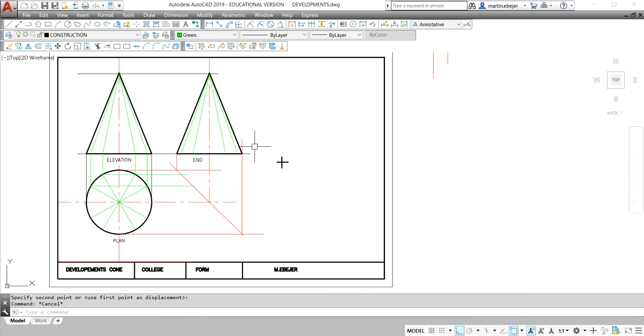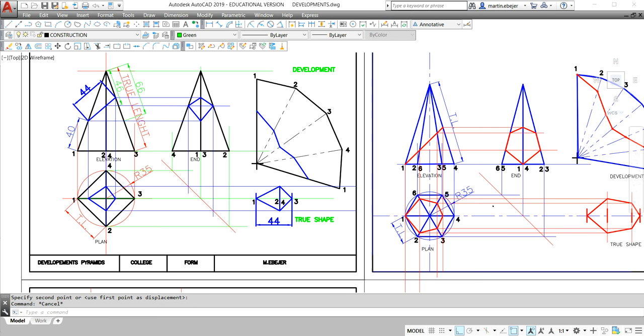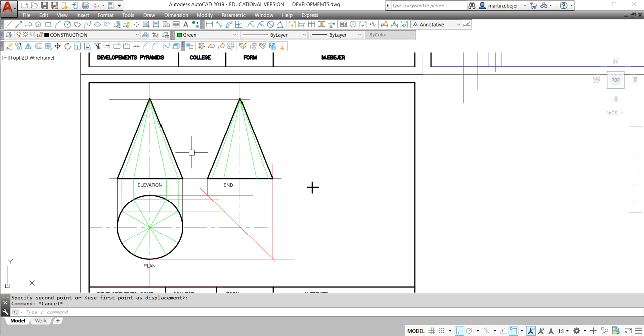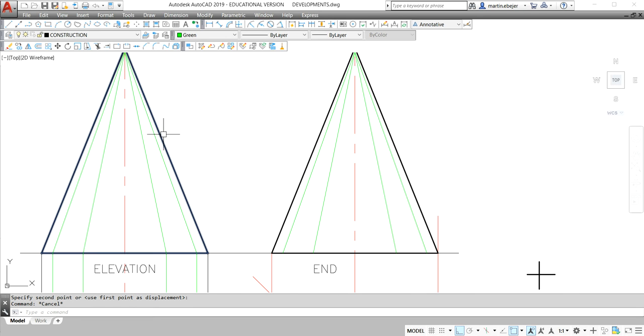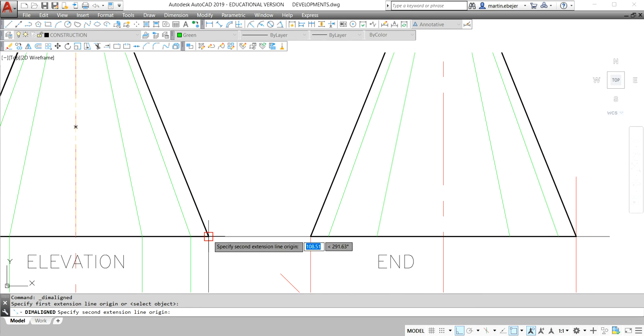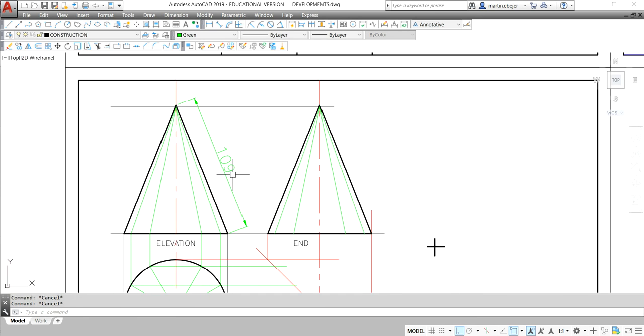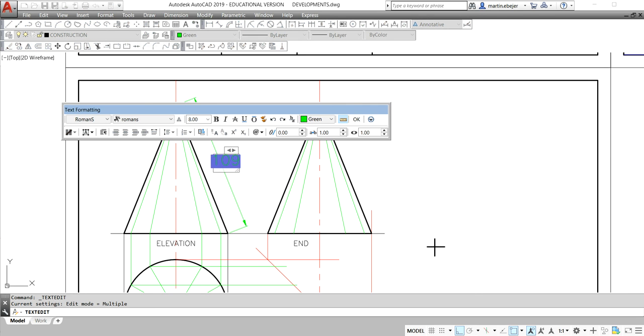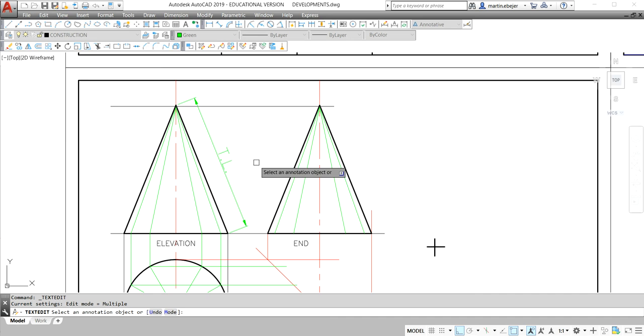With reference to the true length, as we said in previous drawings, we can refer over here. When it comes to a cone, this line is always true length. So this is always the real line in the cone. I'm going to write TL, which stands for true length.